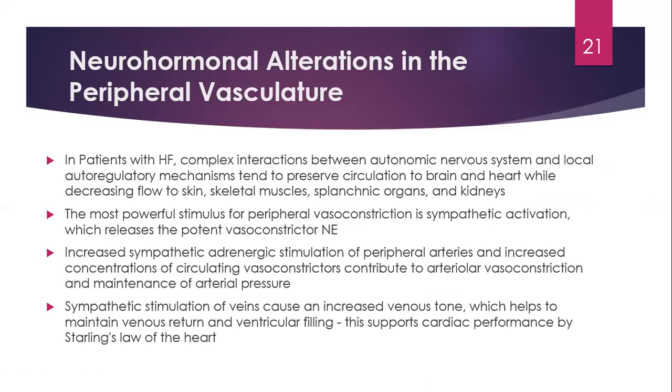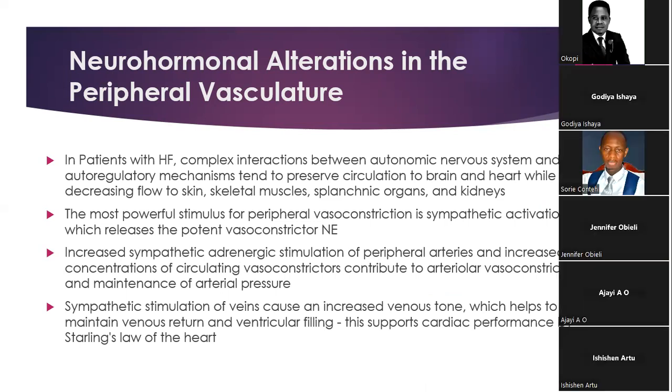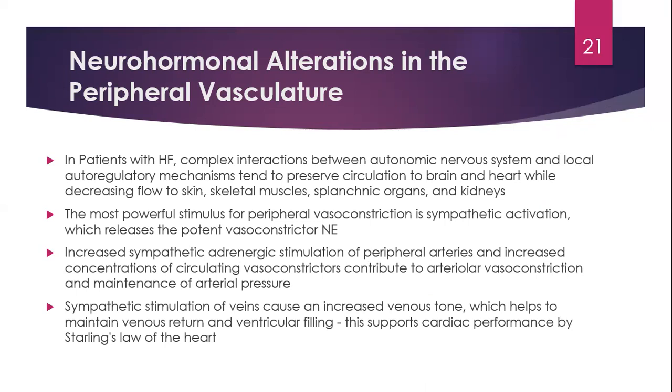So how about the effect in the peripheral circulation of this neurohumoral activation? Okay. So you have a very complex interaction between the autonomic nervous system and the local autoregulatory mechanism in heart failure. All of this happens to preserve the circulation to major organs, the brain and the heart, while reducing blood flow to the non-essential organs.